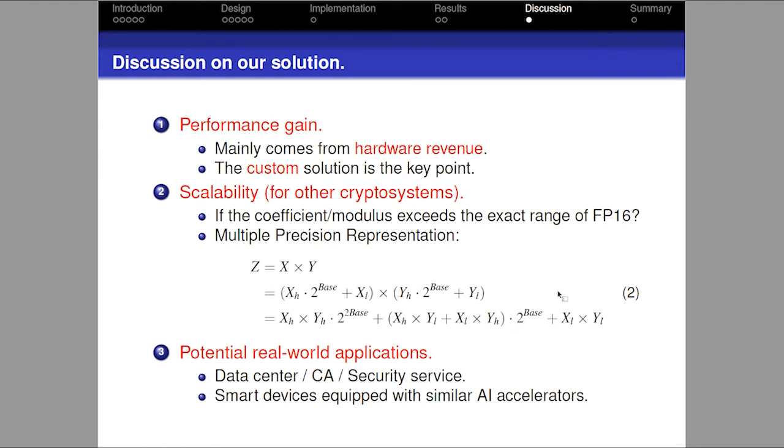The potential real-world applications will be extensive. For instance, data centers and CA organizations, which have the need of high throughput due to the better performance per watt. It is also a good choice for smart devices equipped with a similar accelerator.